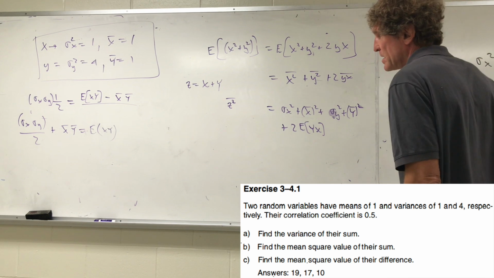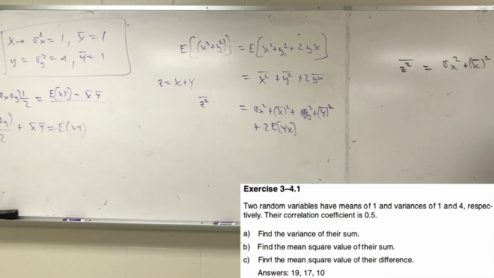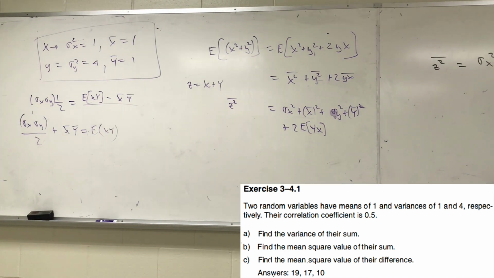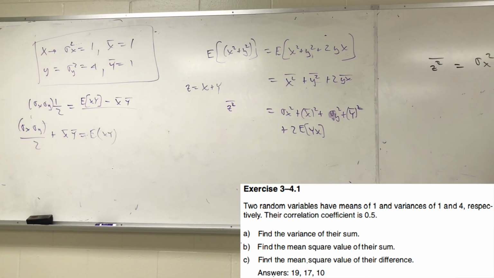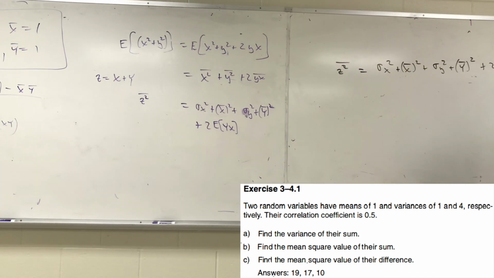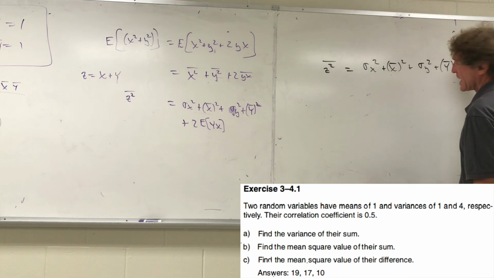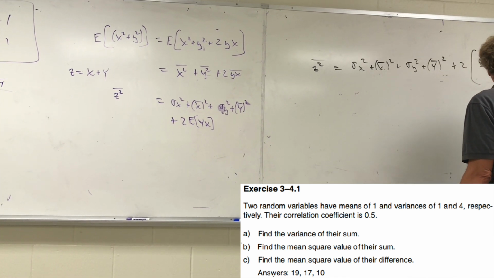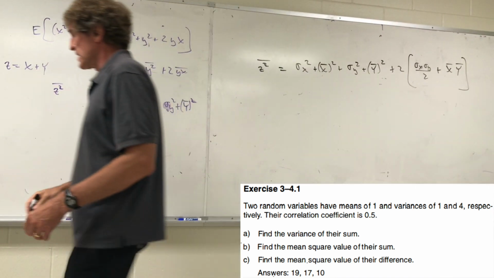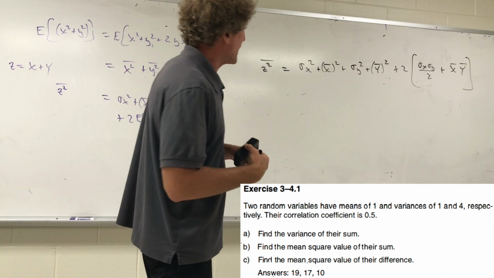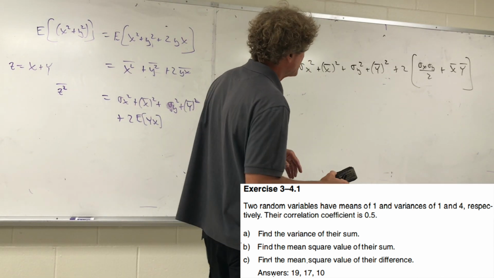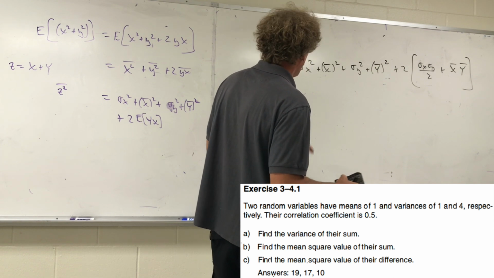So it's 2 times the quantity, and it's going to be sigma x, sigma y over 2. And then it's going to be plus x bar, y bar. I just wrote the whole thing out so there's no mistake about what I'm doing. Okay. Now, we can put the values in if we want, but let's see what we can do with it. Yeah, why don't we put the values in?